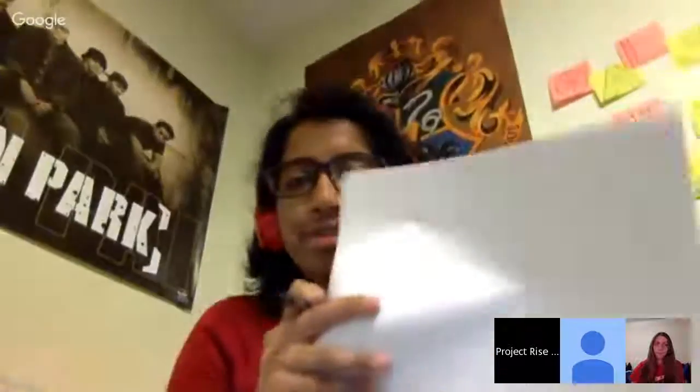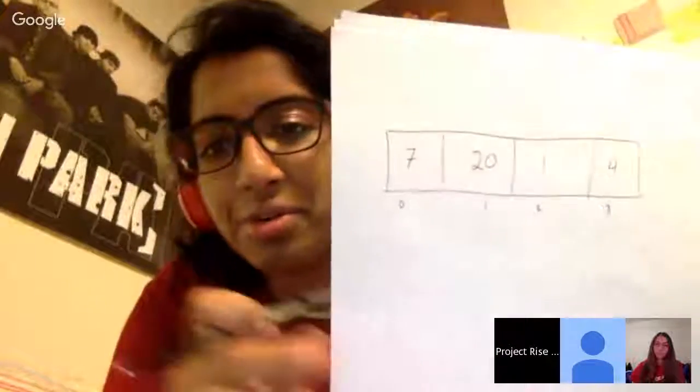The next sort is an insertion sort. What it does is it sorts itself relative to the first position. Say we have an array. Let me draw one quickly, just because it's easier to see. Start really small: 7, 20, 1, and 4.